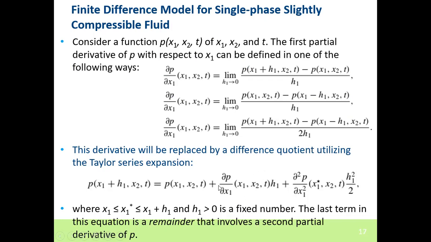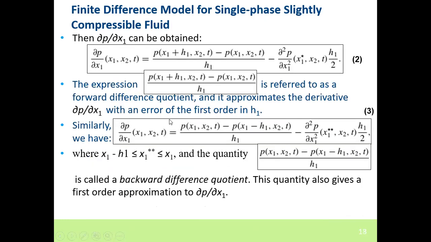Just take the first term and the third term to the left-hand side, and then you'll be able to write this in terms of this. And if you do that, you would have equation 2 here. So this first term on the right-hand side, this expression, is referred to as the forward difference quotient, and that approximates the differential.